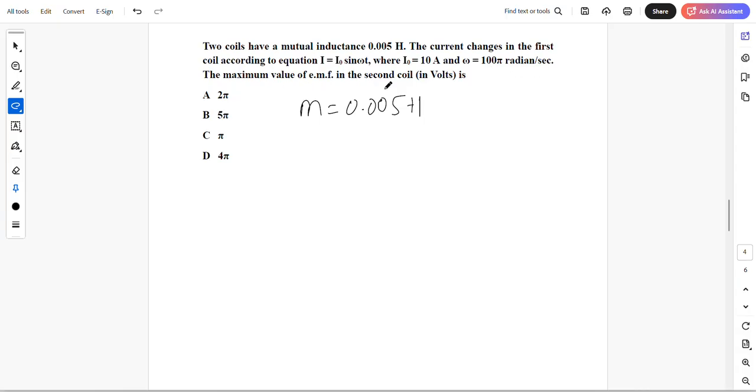The maximum value of EMF induced in the secondary. How to calculate it? What is the formula you have to use? The maximum value of EMF induced in the secondary is nothing but what?